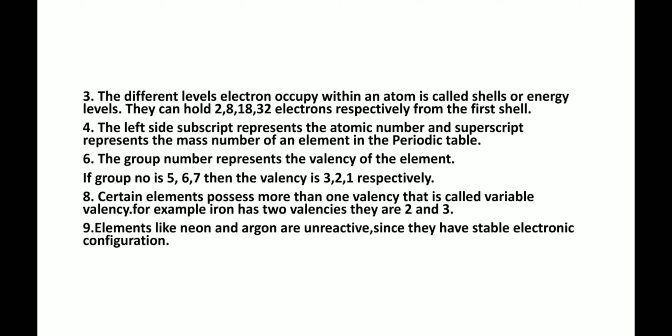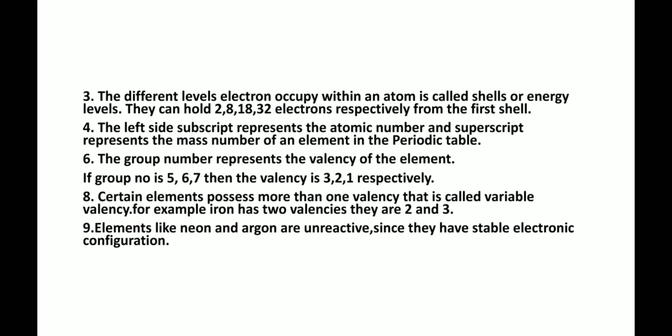The group number represents the valency of the element. If the group number is 1, 2, 3, 4, then the valency of the element is 1, 2, 3, 4 respectively. If the group number is 5, 6, 7, then the valency is 3 to 1 respectively.